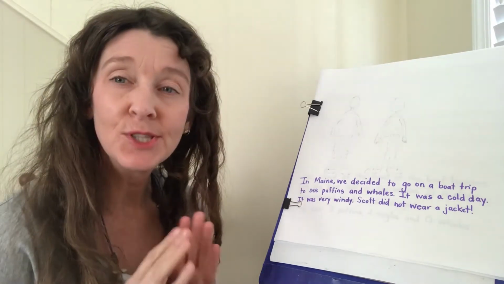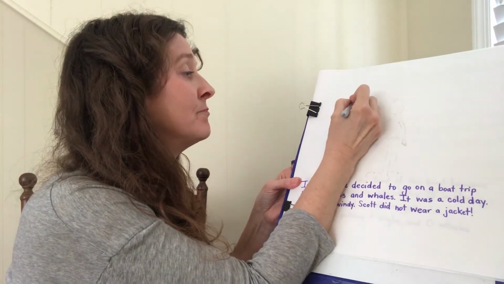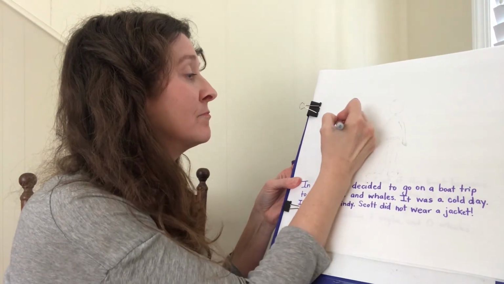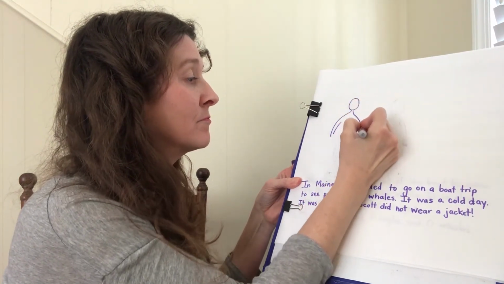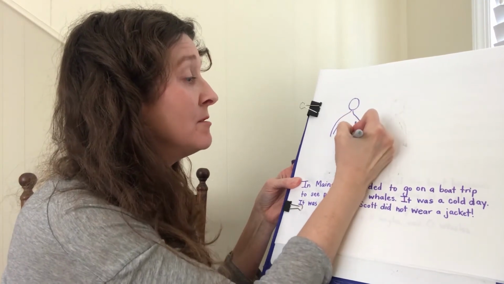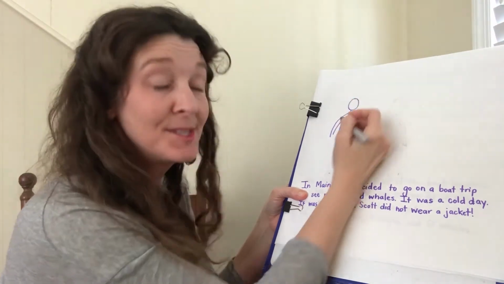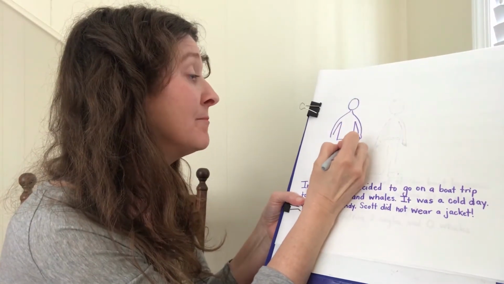So I think I'm going to do a zoom in. As I'm drawing my zoom in, look at your story and think about one of your illustrations. Will you do a scene or a zoom in?